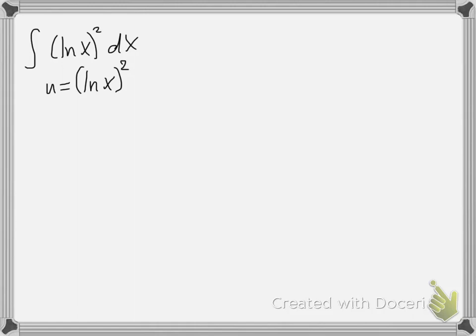Now we need to take the derivative of this thing. So using chain rule, du is going to be equal to 2 the natural log of x times the derivative of natural log of x, which is simply 1 over x dx.